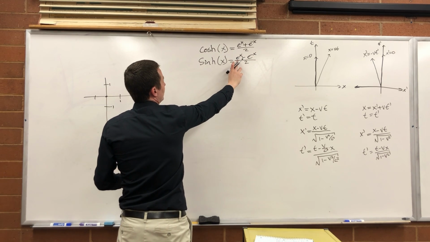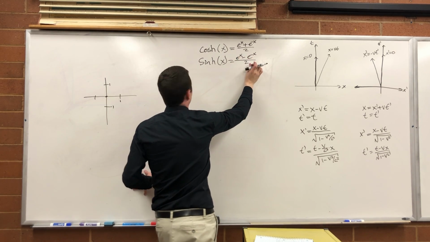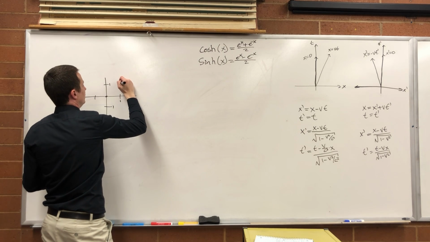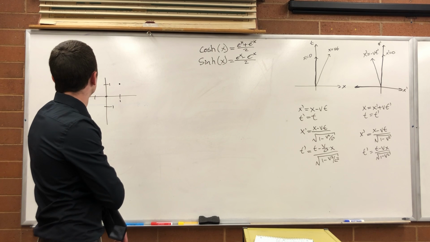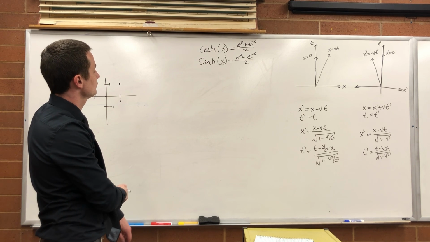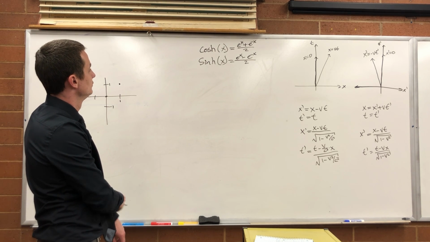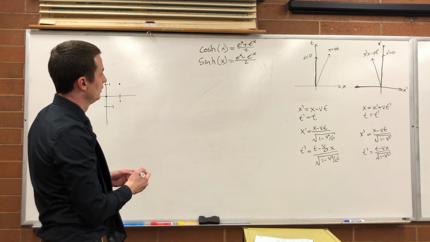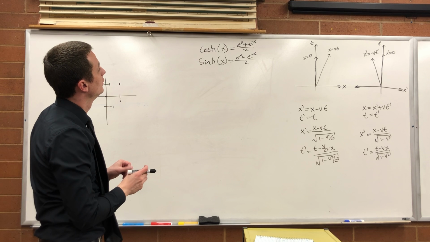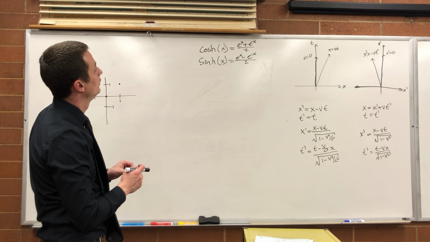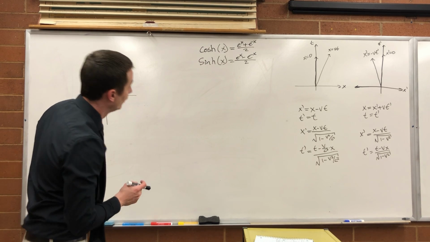If I plug in 0 for this, then we get 1 minus 1 is 0, so I'm getting 1, 0, which seems weird. Cosh is e to the x plus e to the minus x over 2. Okay. So I've got it right.